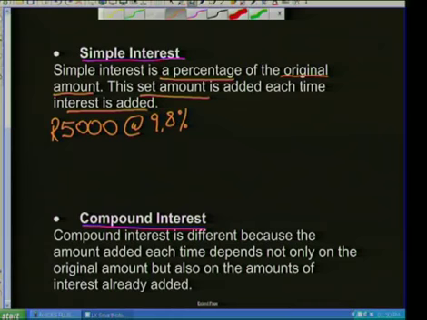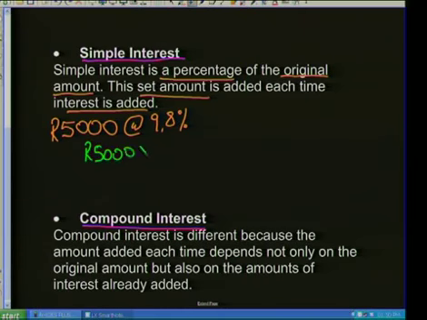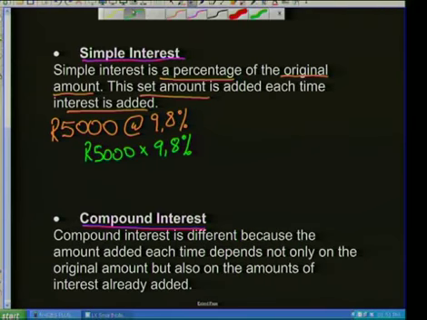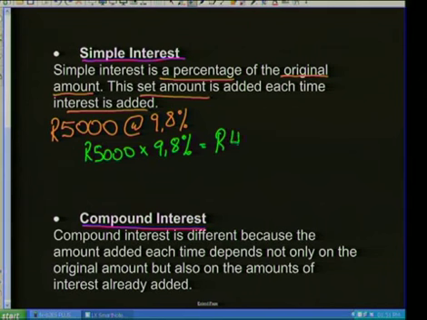So how much interest are you going to earn or pay on this 5,000 Rand is basically we take our 5,000 Rand and we times it by 9.8%, which we're going to do on our calculators. So 5,000 Rand times by 9.8%, and we get an amount of 490 Rand. So every year we are going to be earning or paying 490 Rand.